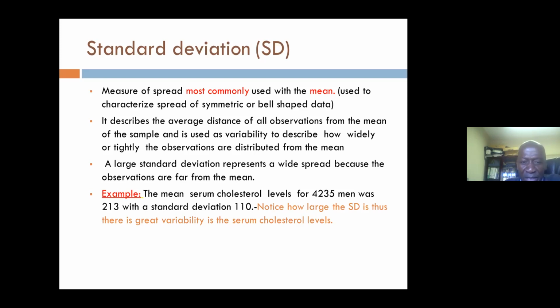For example, the mean serum cholesterol level for 4,235 men was 213 with a standard deviation of 110. That standard deviation of 110 indicates great variability in serum cholesterol level in that group of individuals, right?